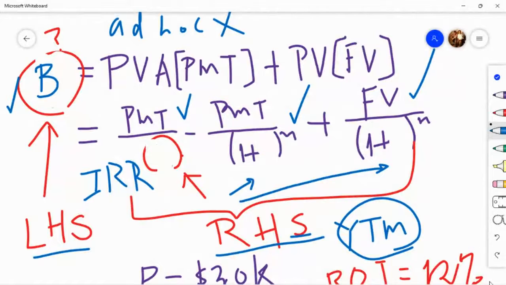In other words, the left-hand side, bond price, is the unknown, and then payment is known, N is known, face value is known, and discount rate R is known.